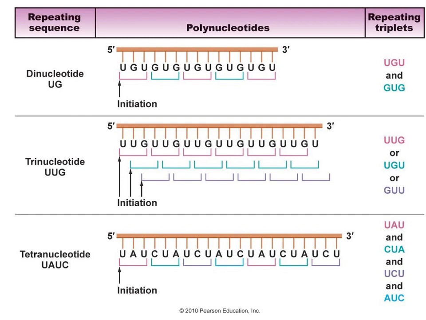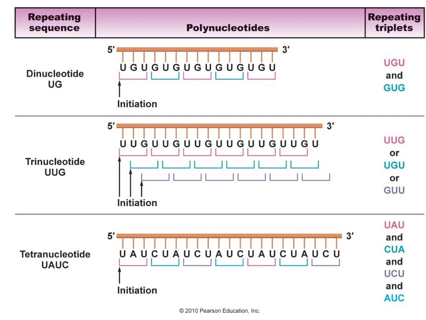Each of these presents some unique possible codons that could be created. So for example, in the first one, there are only two possible codons here, UGU and GUG. Using the triplet binding assay, they determined that those two codons coded for only two different amino acids.